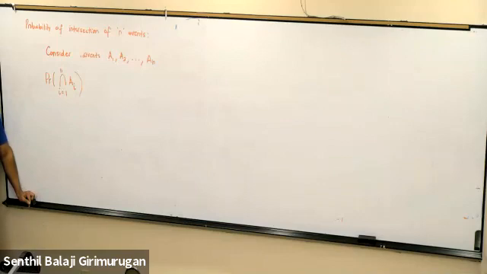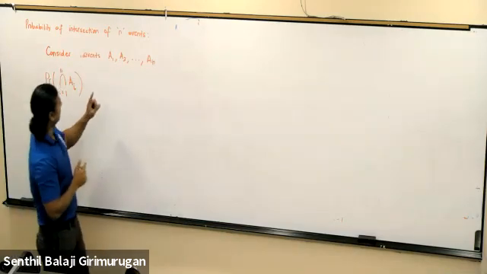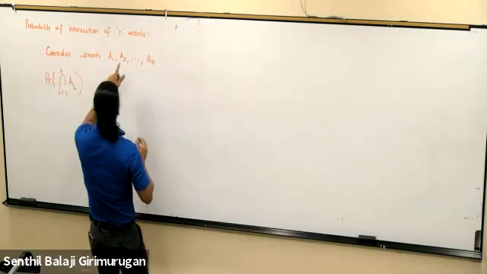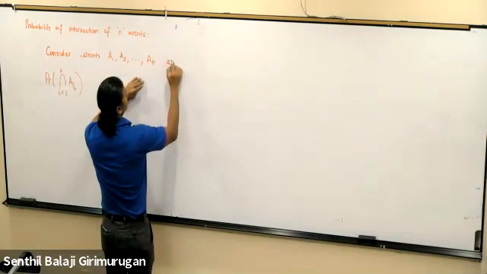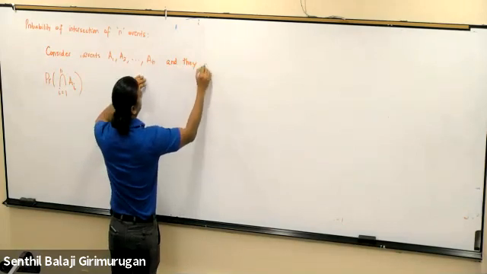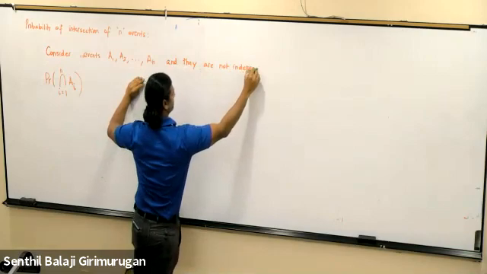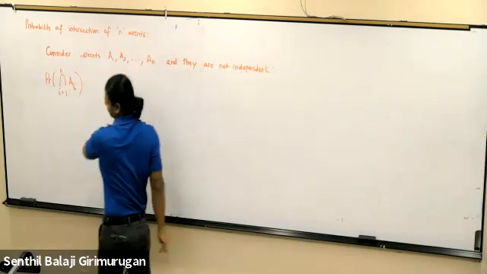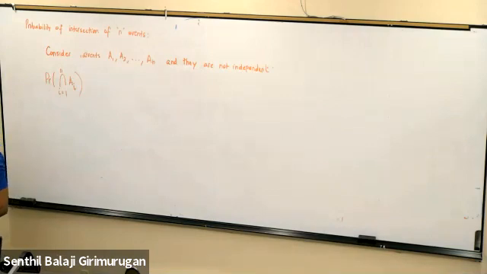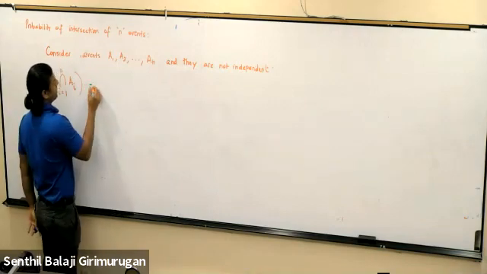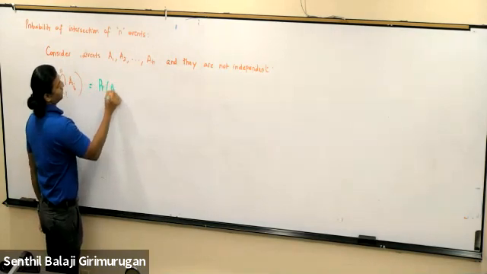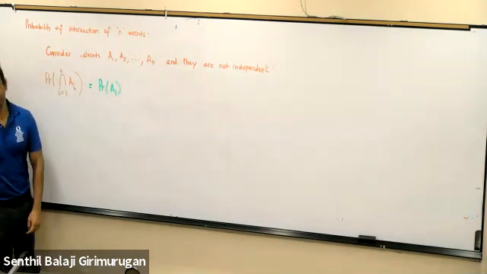That's not the case here. We're going to say the events A1, A2, dot, dot, dot, AN are not independent. This works nicely using Bayes rule, assuming we start at A1.